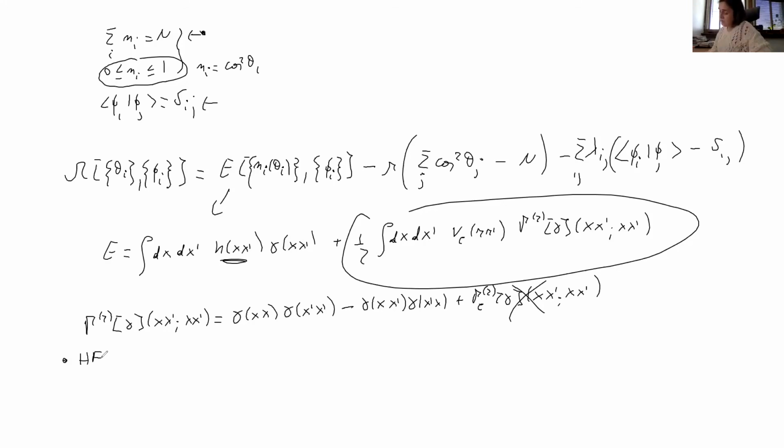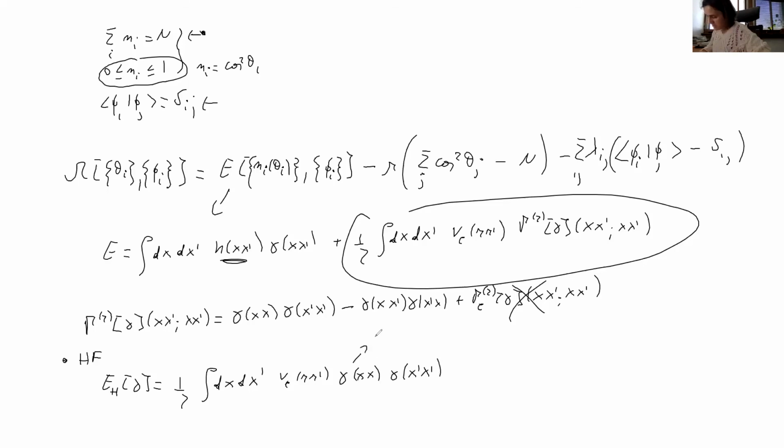So in fact, if you plug in this expression of gamma 2, this approximation of gamma 2 in your total energy, for the interaction part, you will have two contributions. The Hartree contribution, which is integral dx dx prime 1 over |r - r prime| gamma x x gamma x prime x prime.